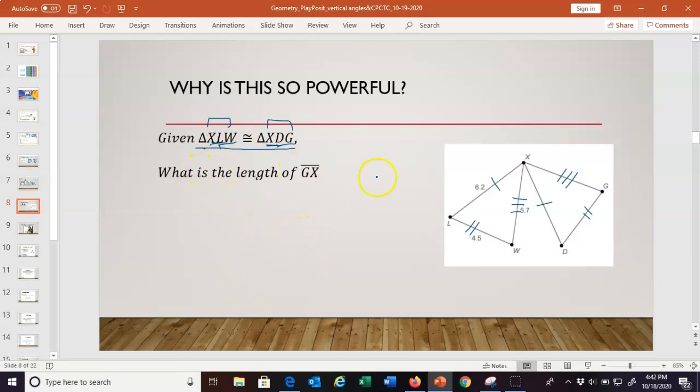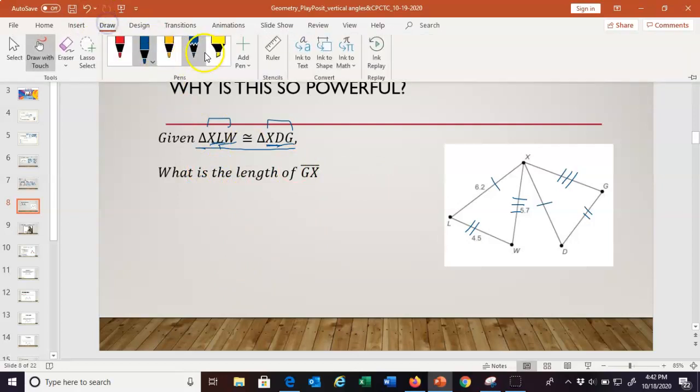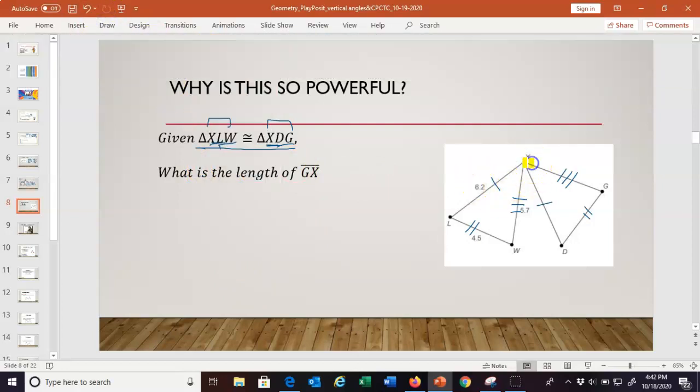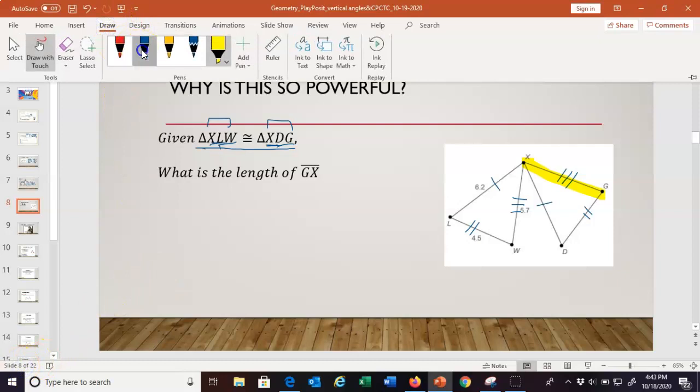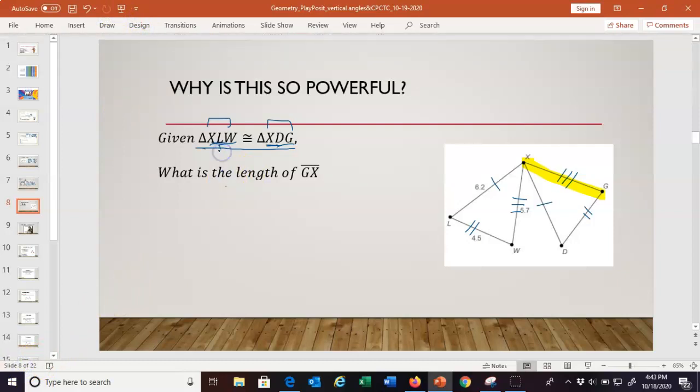Now it wants to know, what is the length of GX? So we're looking for this guy. Because of this congruence statement, and because we marked the diagrams, it's really easy. We're looking for the side length that has 3 tick marks.